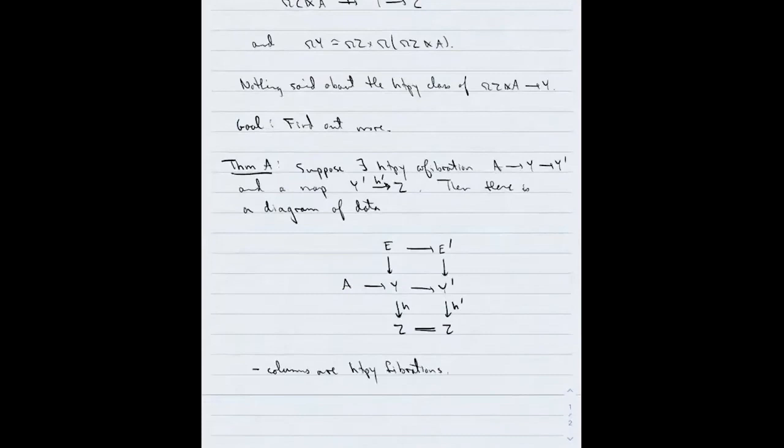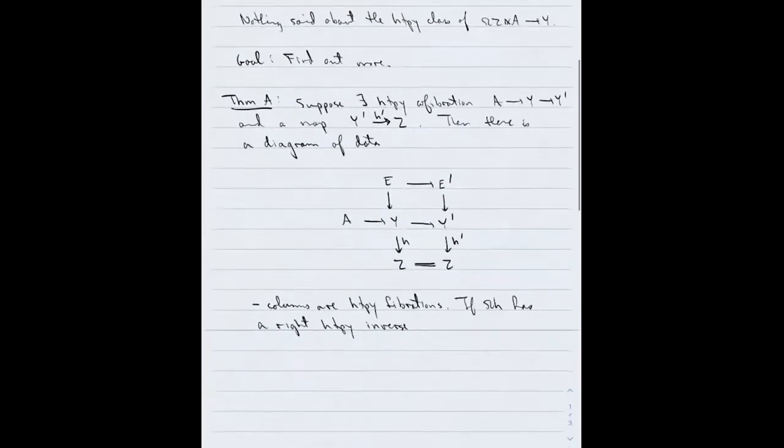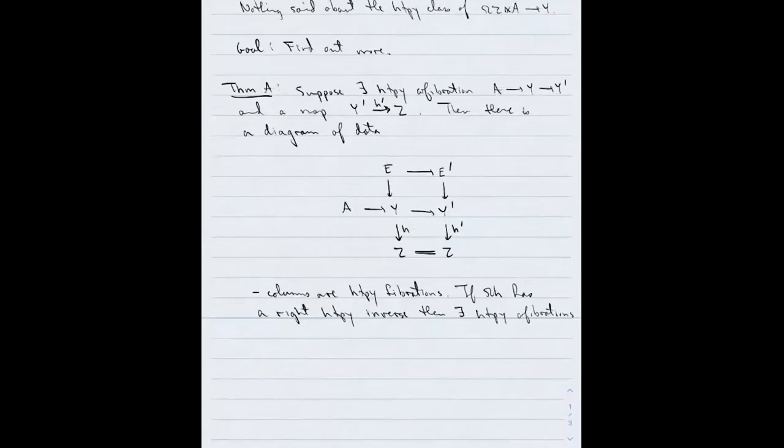And we saw that if loop H has a right homotopy inverse, then you get another cofibration that tells you something about the relationship between E and E prime. So there's a cofibration which starts with loop Z half smash A into E and then into E prime.